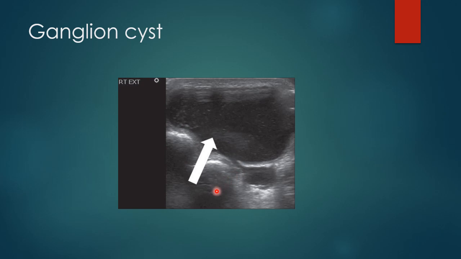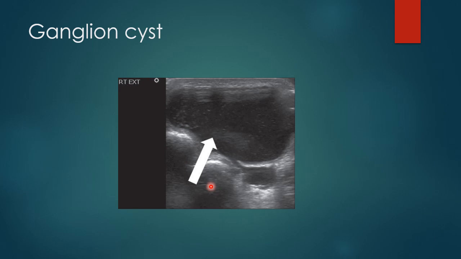Sometimes in the suprascapular notch we see a cystic lesion, and it is very important to differentiate whether it's a ganglion cyst or a capacious suprascapular vein. The main differentiating point is that when we do an external and internal rotation of the arm, normally the vein compresses and returns to a normal size during this movement, and this does not usually happen with ganglion cysts.